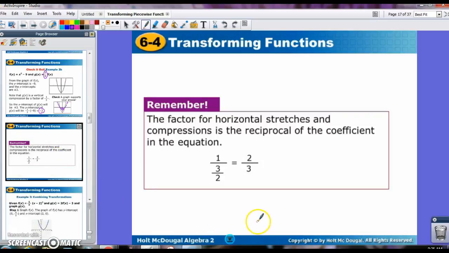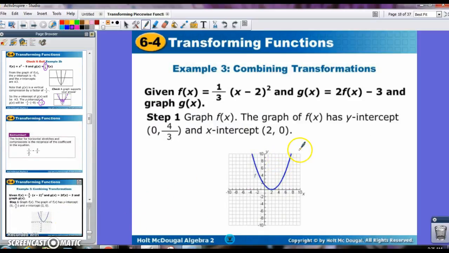Remember that when you are doing horizontal stretch or compression, you have to take the reciprocal of what is in the equation, okay? And we just talked about that when we had the 1/2 and the 2. That's all it means. We just have to make sure that we take the reciprocal. Okay, so we have this function f of x is equal to 1/3 x minus 2 squared.